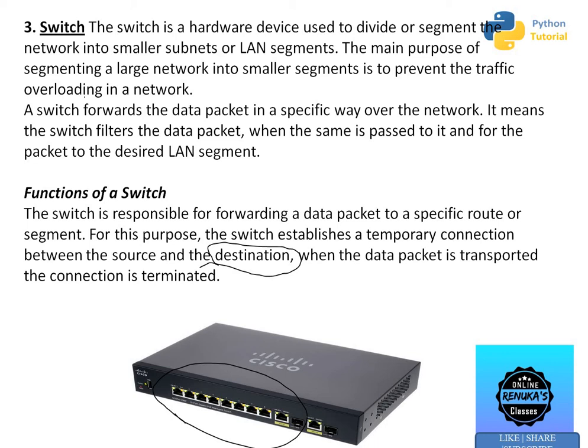The similarity between switch and hub is that both are used to connect various nodes in a network, but a switch is designed in such a way that it will transfer the signals from source to the particular destination, but a hub transmits the signals to all the nodes.